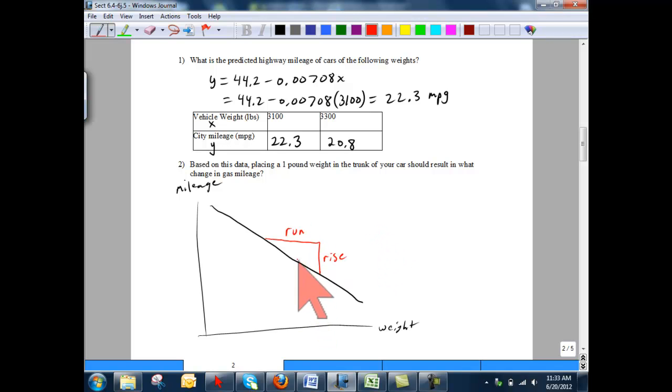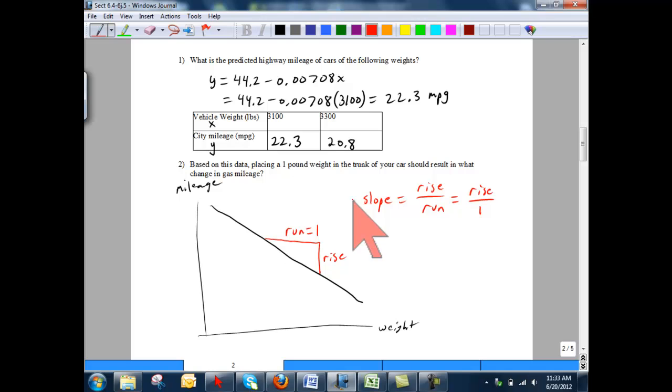And so what we've done is put a 1-pound weight in the trunk. Weight is the x variable. In other words, the run is 1. We added 1 pound. And now I know that the slope is rise over the number 1.